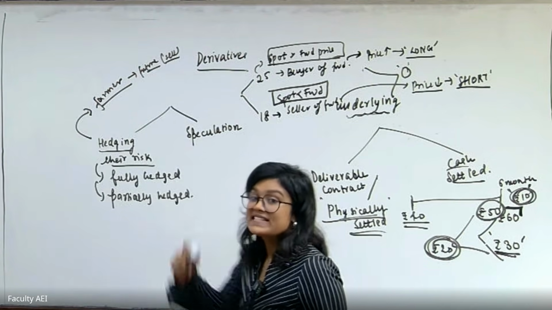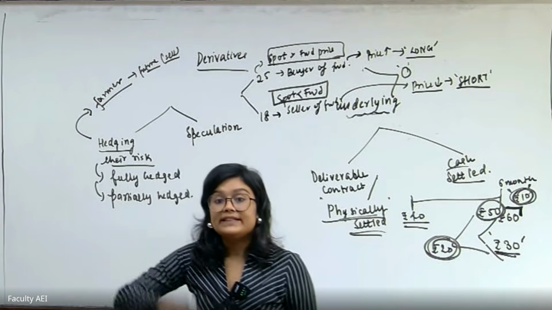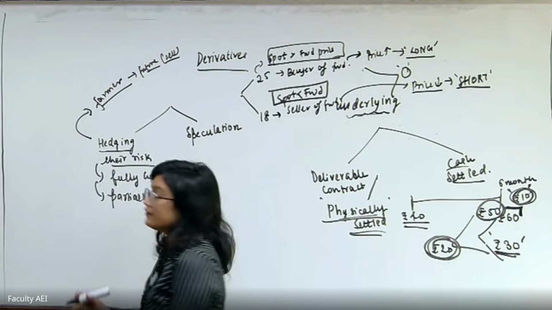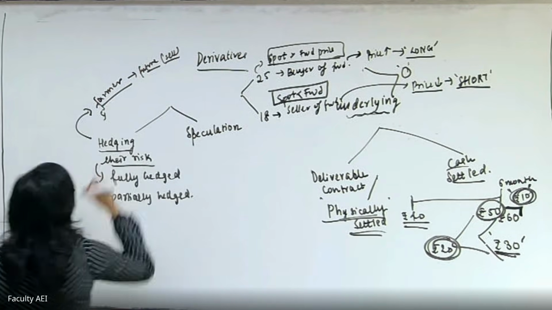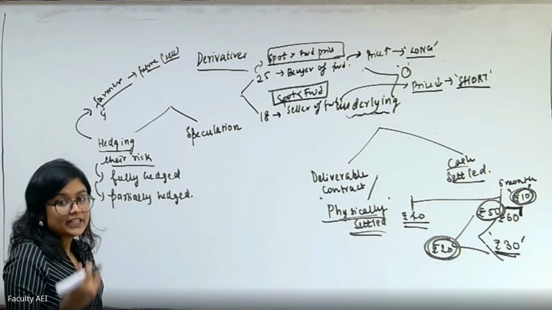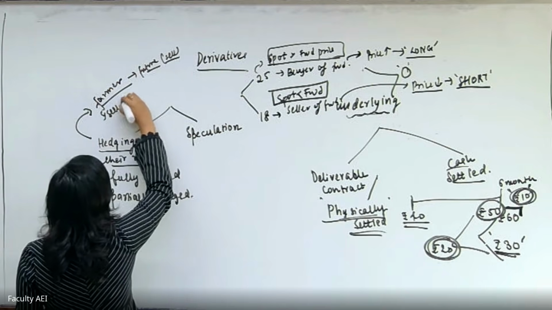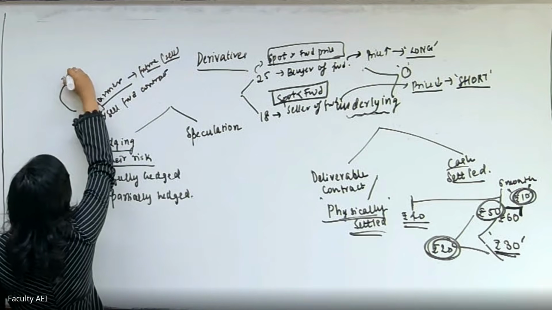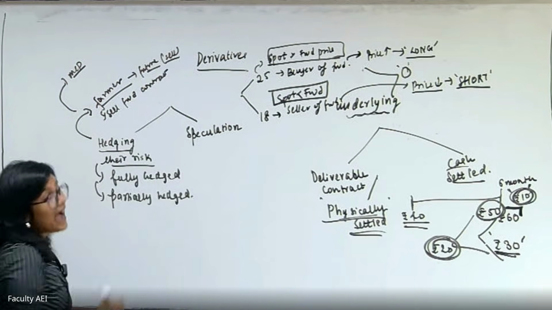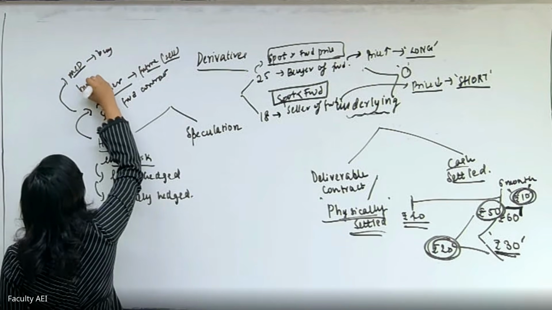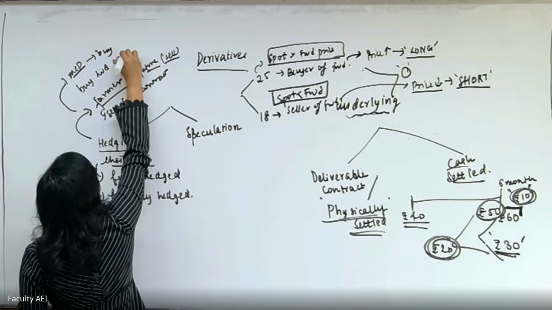The farmer wanted to sell the potatoes in the future. So whatever you want to do in the future, the same thing you do in the forward market. If you want to sell potatoes in the future, you sell a forward contract today. And in the case of McDonald's, they wanted to buy potatoes in the future. So they would be buying a forward contract today.